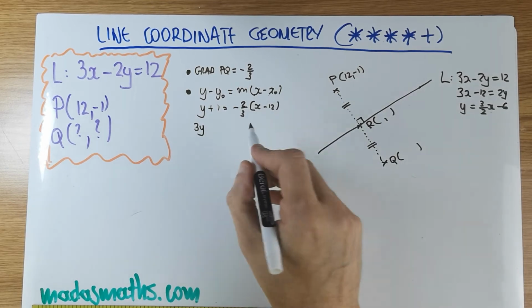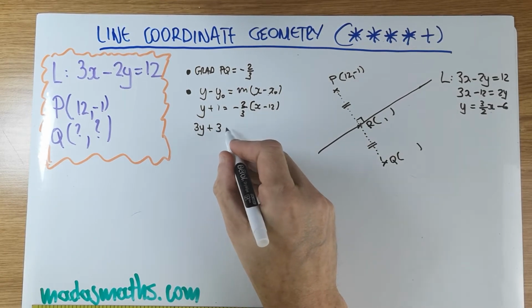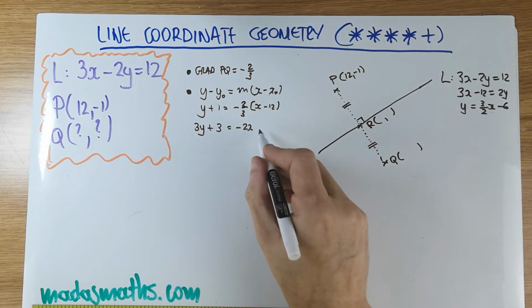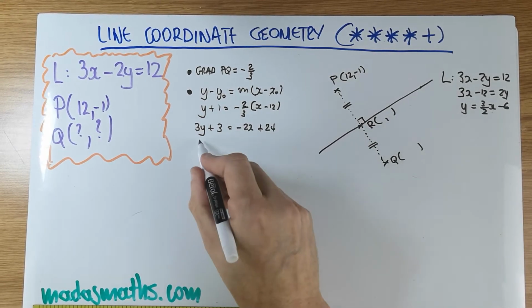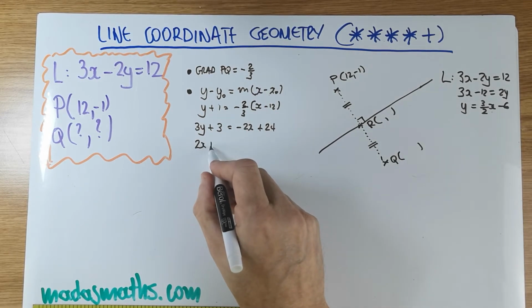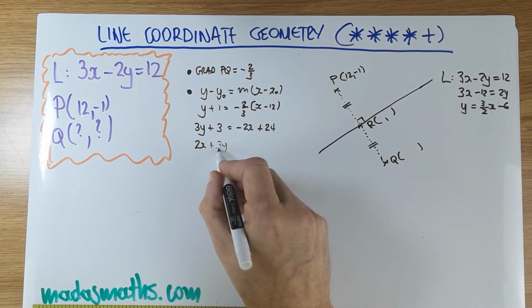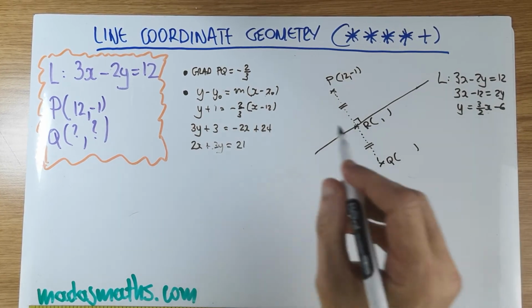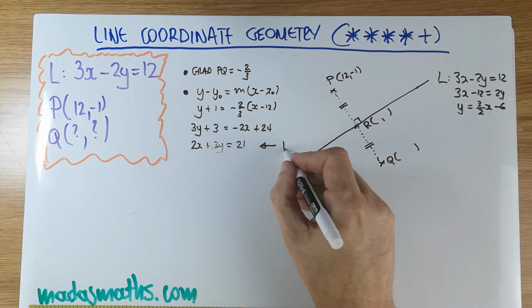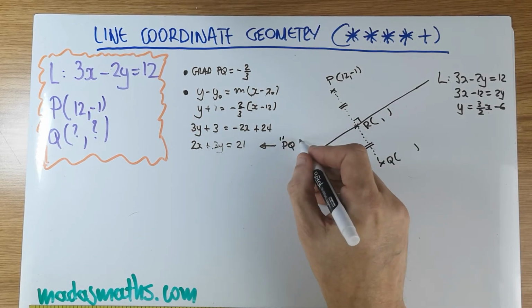Multiply by 3: 3y plus 3 is minus 2x plus 24, and the equation will eventually be 2x plus 3y is equal to 21. And this is the line PQ.